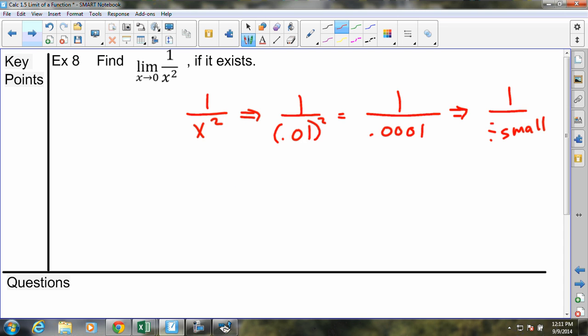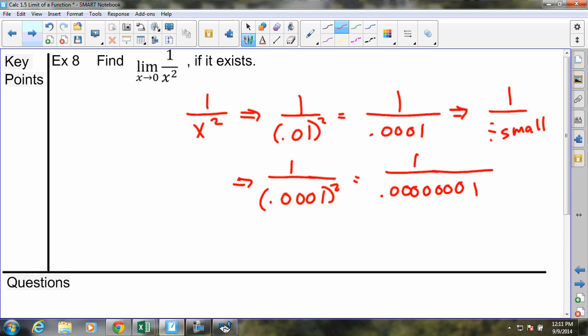Well, what if we took, instead of 0.01, we took 0.0001 and squared it? What's happening with it? Getting even bigger. What if we were taking from the left-hand side? It's still going to be the same piece, because when you square a negative, you're going to wind up with still the positive number.